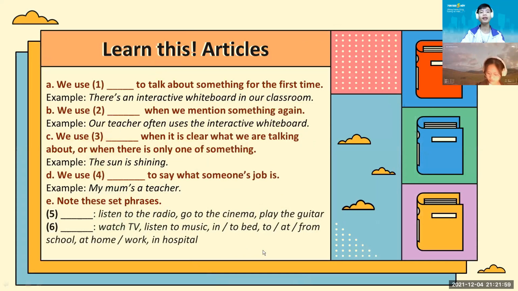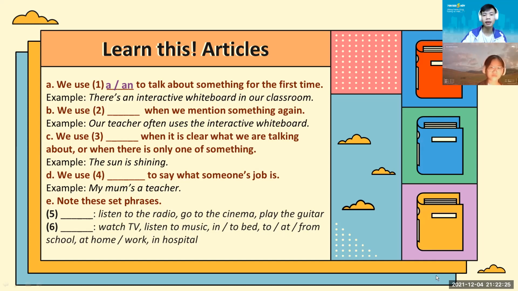So now let's learn about articles. Now, what do we use to talk about something for the first time? We use a or an. A and an to talk about the first time.